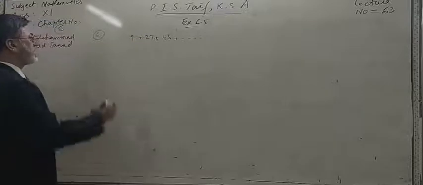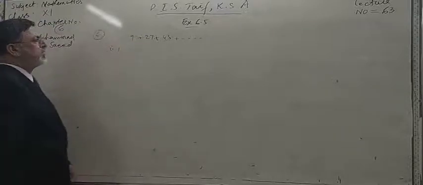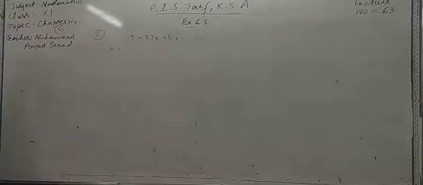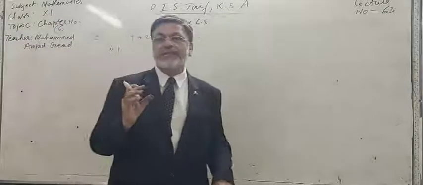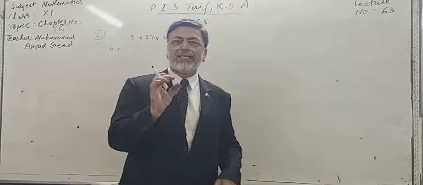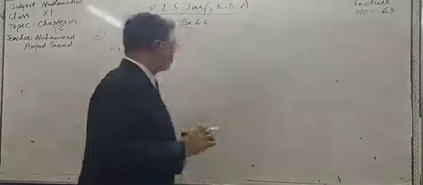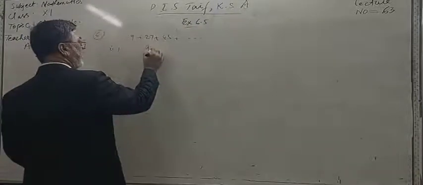The question is how far will it fall during the fifth second? Remember that during the fifth second means it is the question of only the fifth second, so you will find A5.